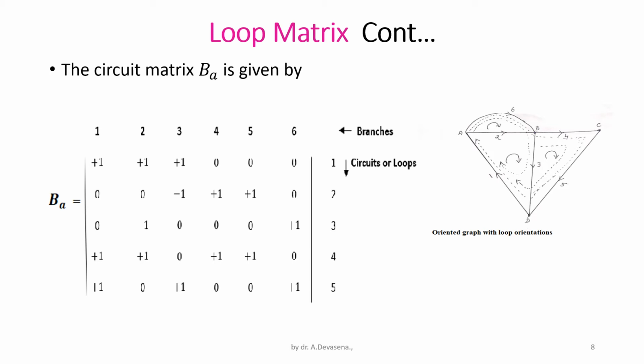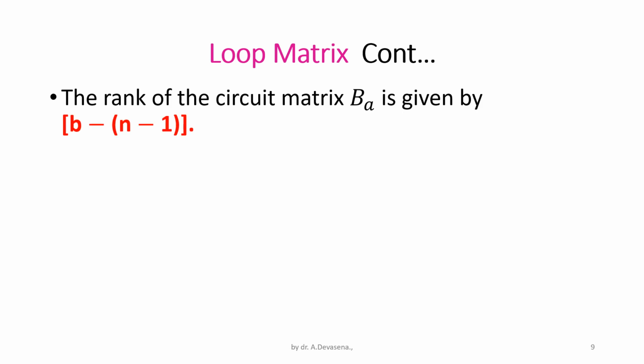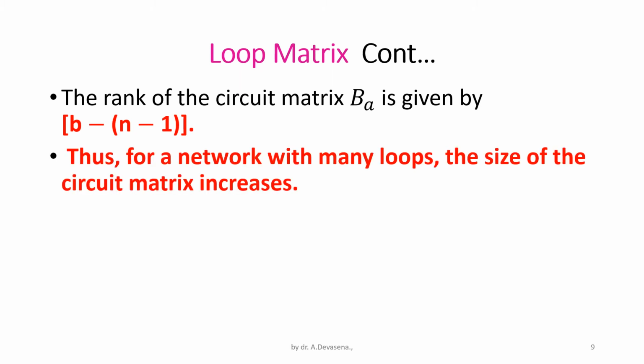The branches are represented row wise, circuit loops are represented column wise. The rank of the circuit matrix B suffix A is given by b minus (n minus 1).